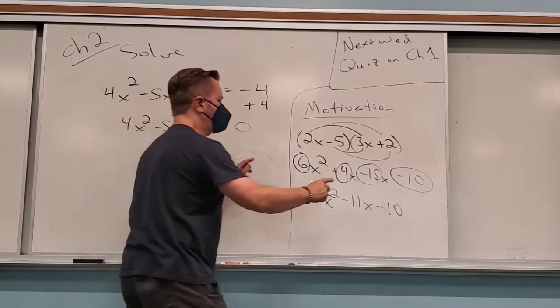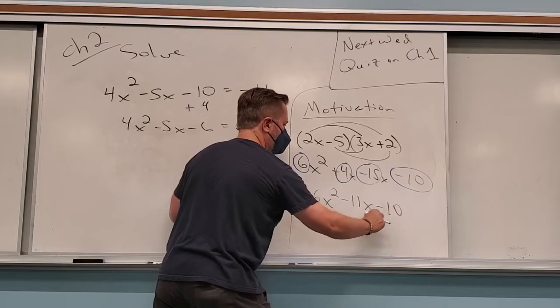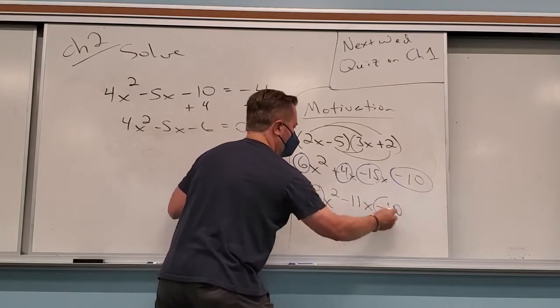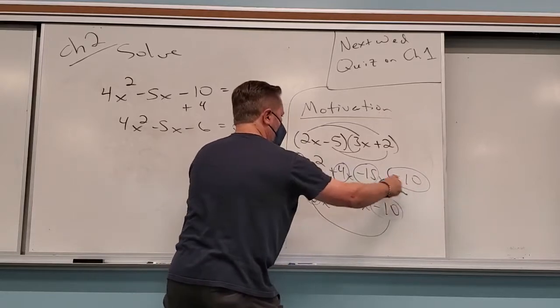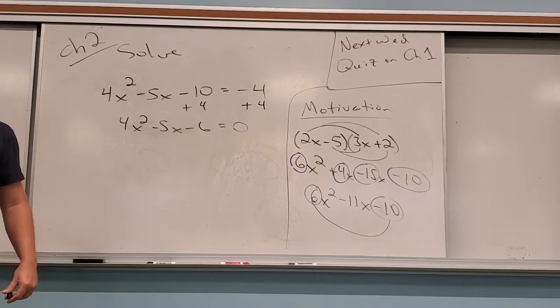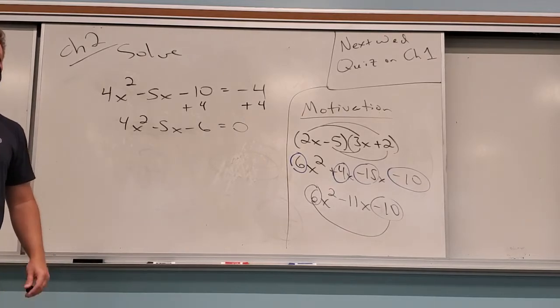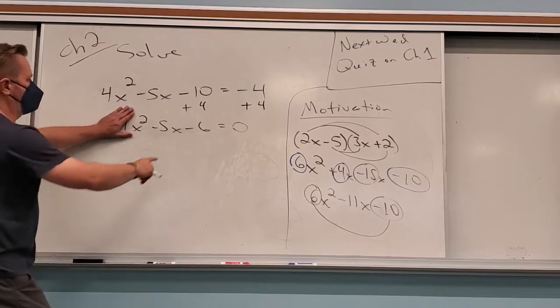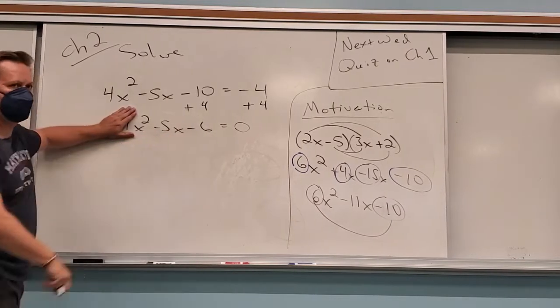I don't need factors of 10 or negative 10 that add to be negative 11. I need factors of negative 60 that add to be negative 11. So when there's a number in front, I have to take it into account.